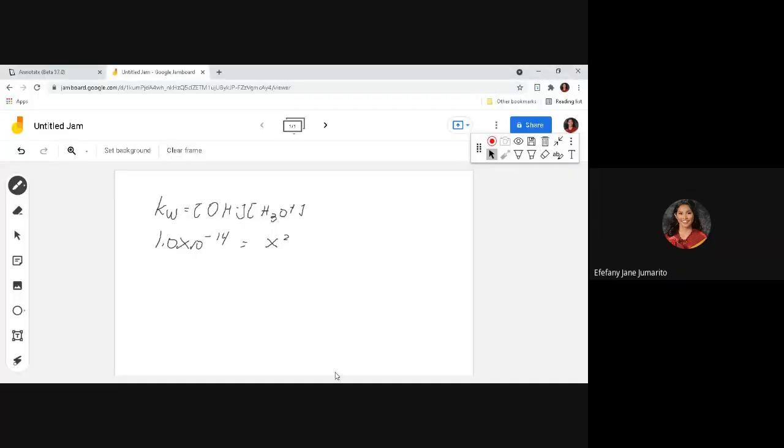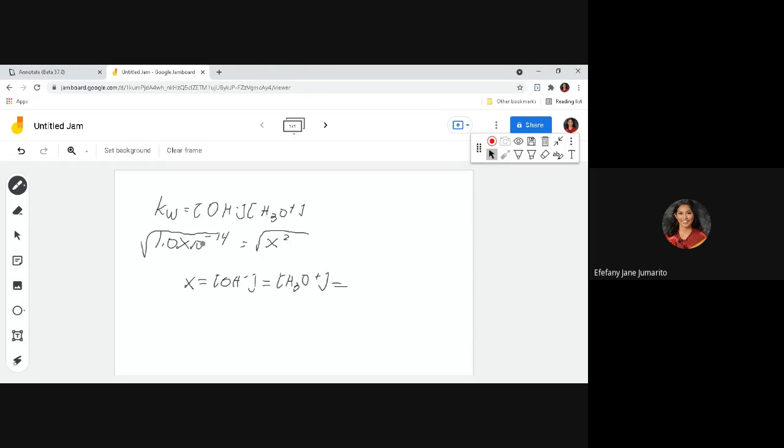Now, if we will get the concentration of your OH, let's say x, then we have x squared. Okay, so square root. So x will be your concentration of OH, that is also equal to the concentration of your hydronium ion.